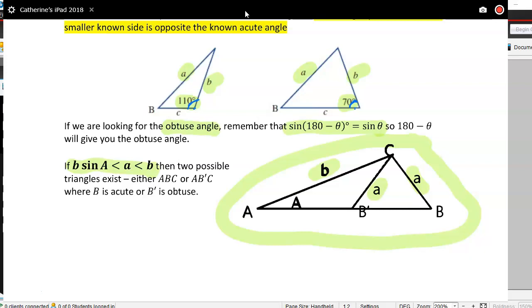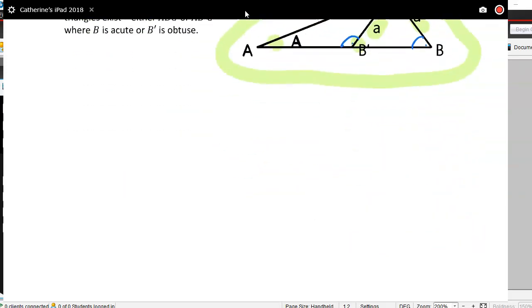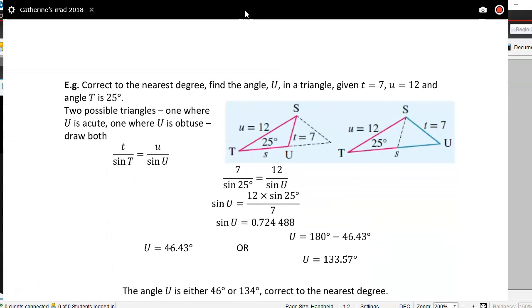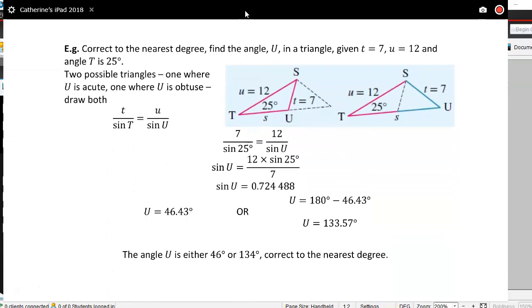They are still all exactly the same size, and this angle A is the same here and here. It's just we don't know whether that angle B is acute or obtuse. Depends on the diagram.